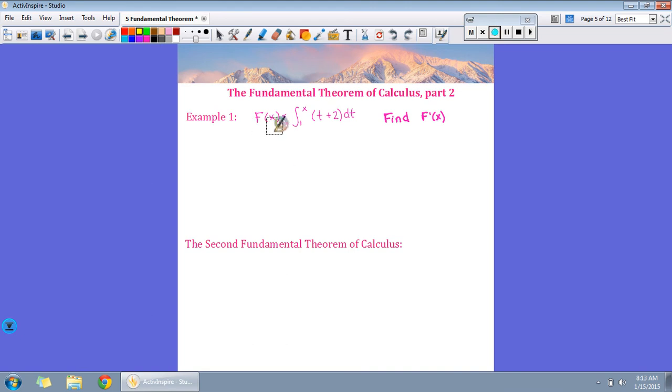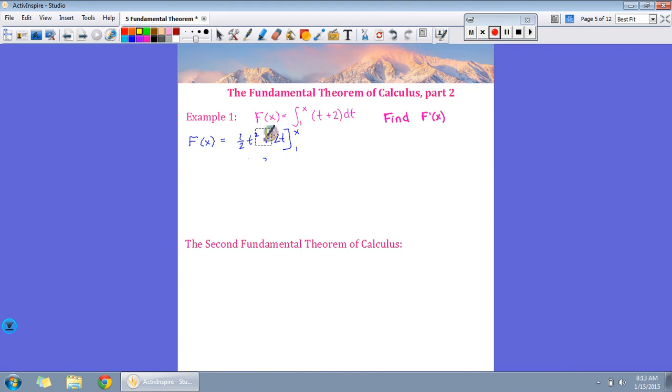Our capital F of x equals the integral from 1 to x of t plus 2 dt. Our goal is to find the derivative. So, since F of x equals this, the first thing we're going to do is integrate using the first fundamental theorem of calculus. So capital F of x equals 1/2 t squared plus 2t, and we're going to evaluate at 1 and x.